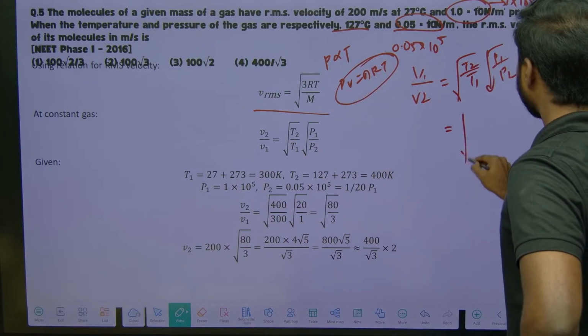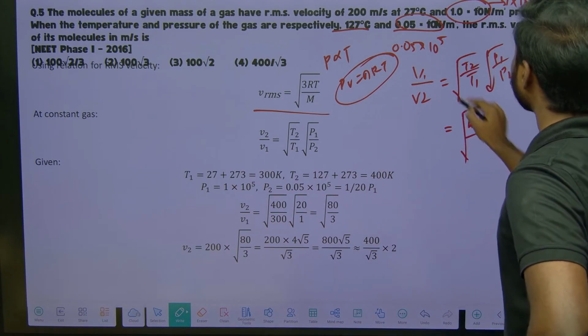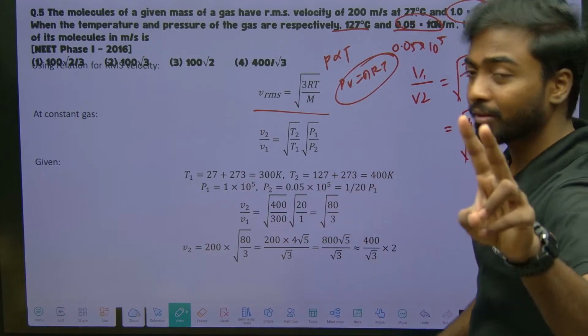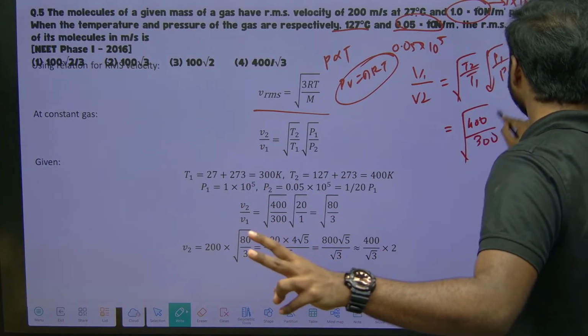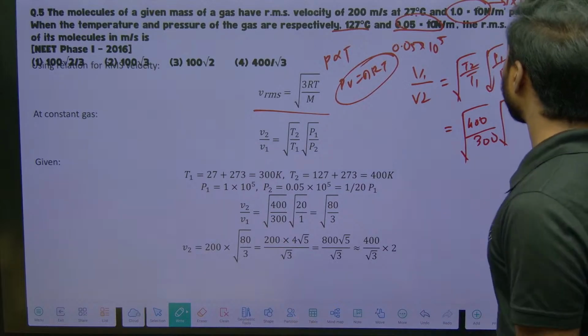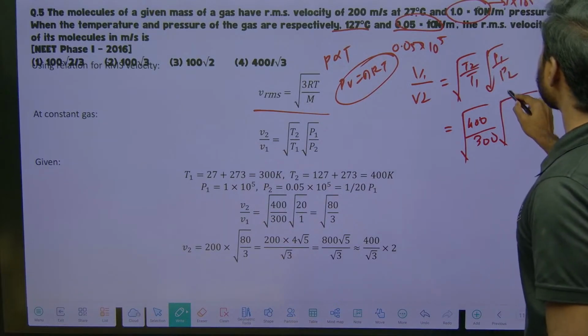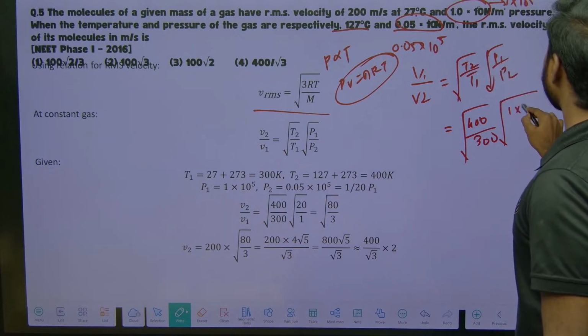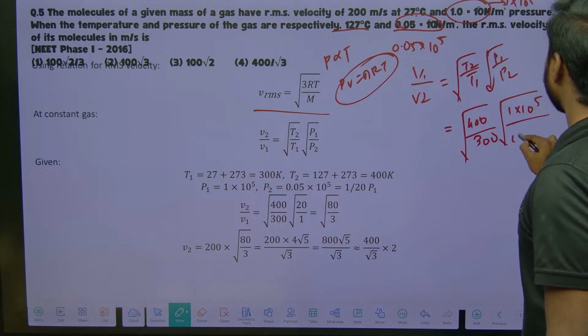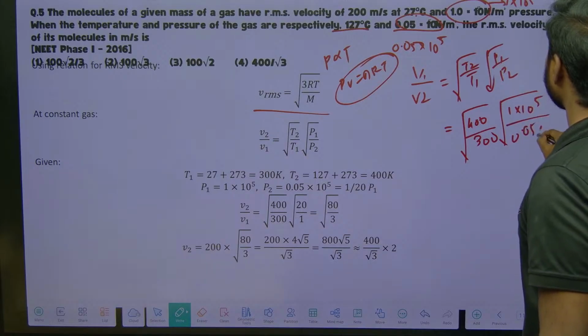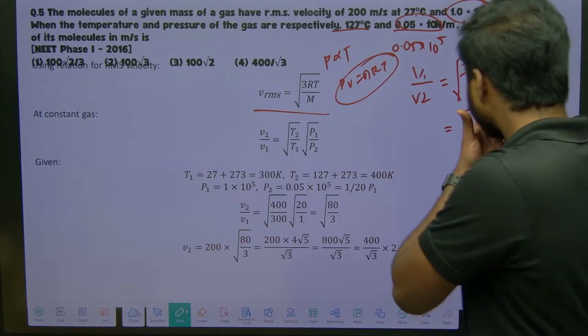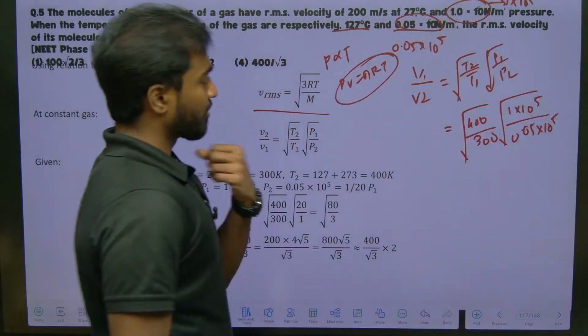Now root over 400 divided by 300, which is 273 plus 27, into root over 1 into 10 power 5 divided by 0.05 into 10 power 5. I guess it's clear now.